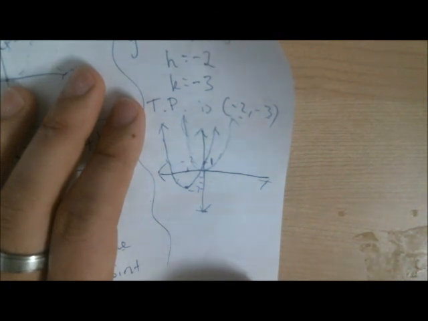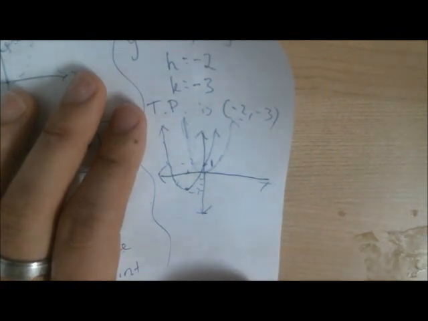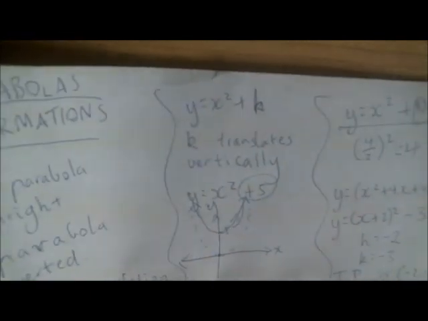All right, so to sum up, turning point form is used to help sketch the graph, the parabolas. There are two forms in which the graph changes. So x minus h translates horizontally when it's in squared brackets.